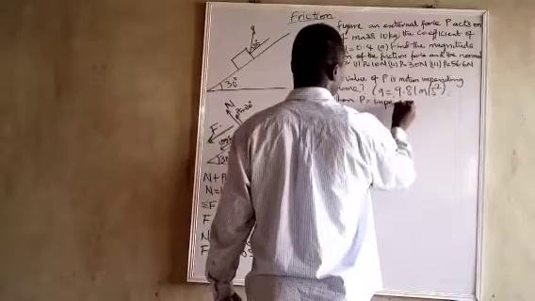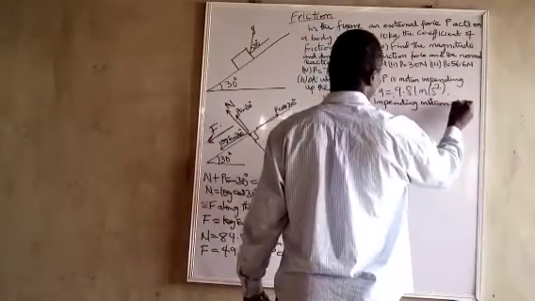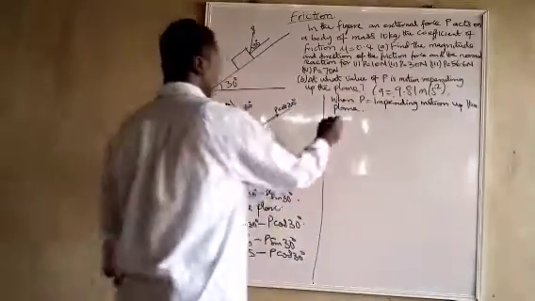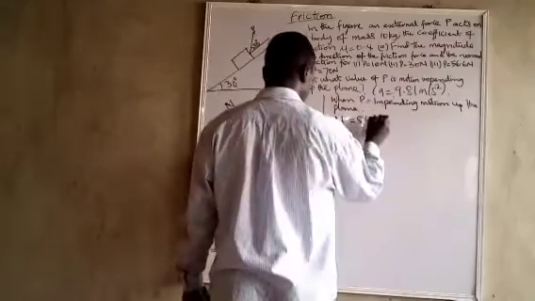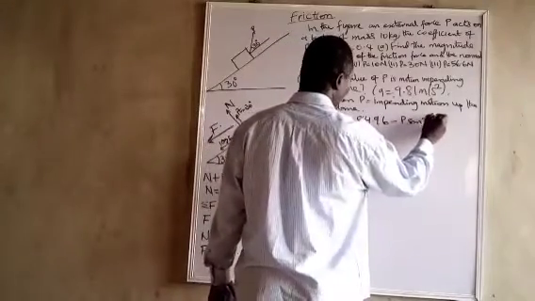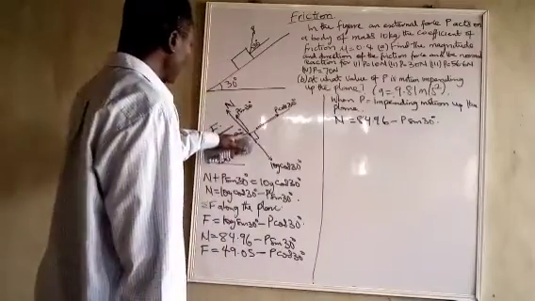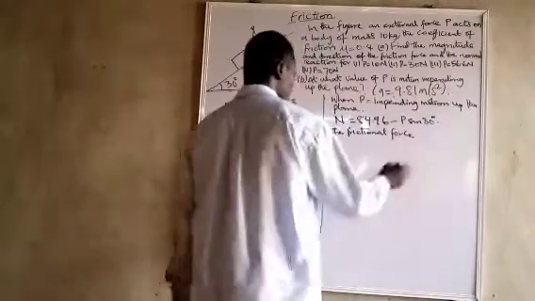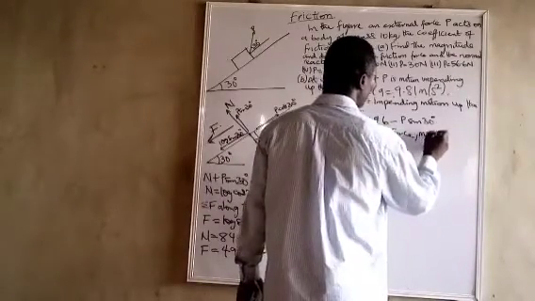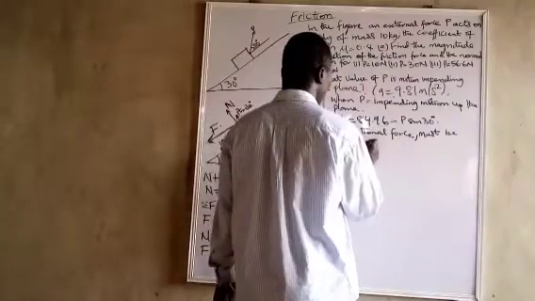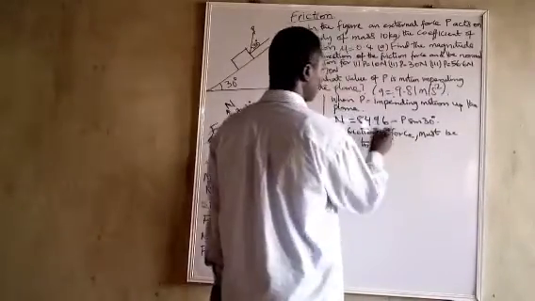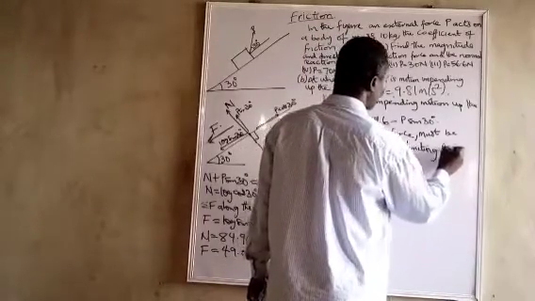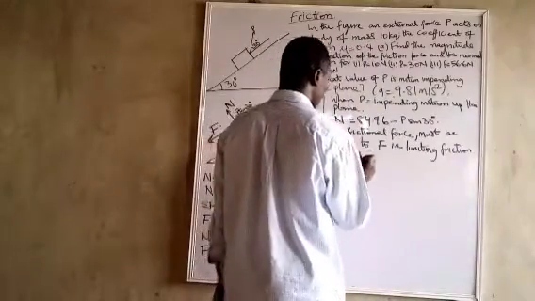For impending motion up the plane, N will be equal to 84.96 minus P sine 30 degrees, and F, the frictional force, mu n, must be equal to F, that is limiting friction down the plane.